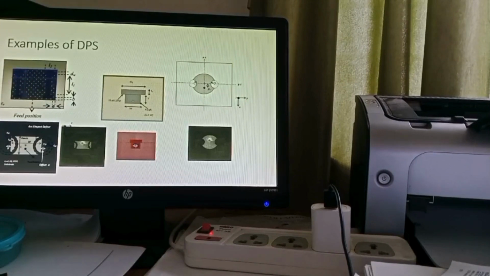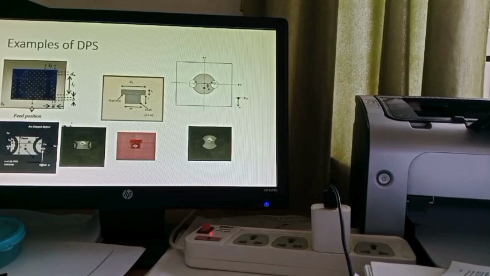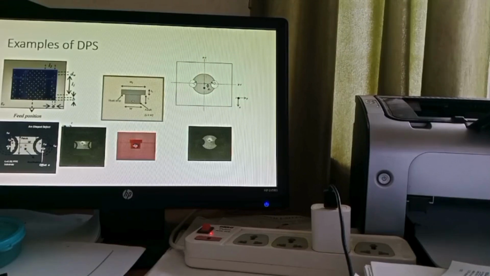So definitely the defect will incorporate current path modification as well as patch cavity field modulation, and therefore it will behave differently. The excitation of the resonance will be similar, but its radiation pattern and fringing profile will be affected.